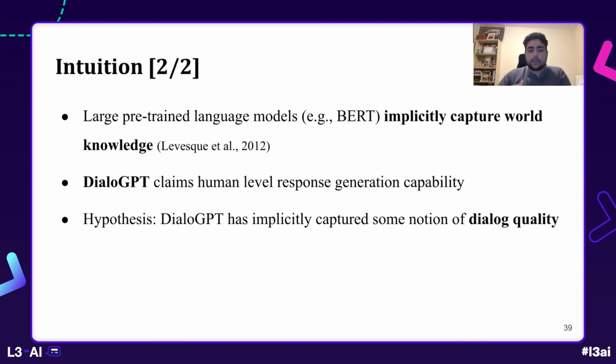So this leads to the hypothesis that DialoGPT, in the process of learning to generate human-level responses, has implicitly captured some notion of dialogue quality. And what this means is that just as a user is more likely to respond with, "Huh, that's not relevant," to an irrelevant response, DialoGPT, which has human-level response generation capability, should be able to do the same thing.